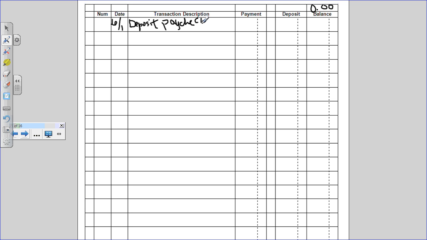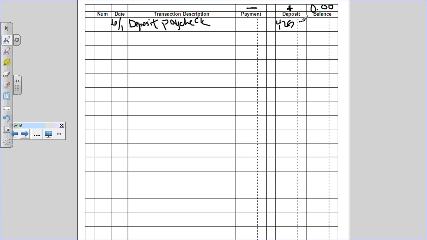Okay, in the next columns, the payment column is where you would subtract. Payment is a withdrawal. Deposit is where you would add. So is this a payment or a deposit? That's right, it's a deposit. So we're going to put that $425.36 in the deposit column.